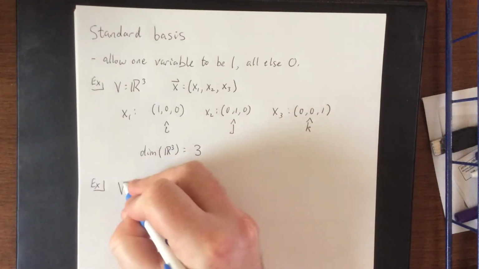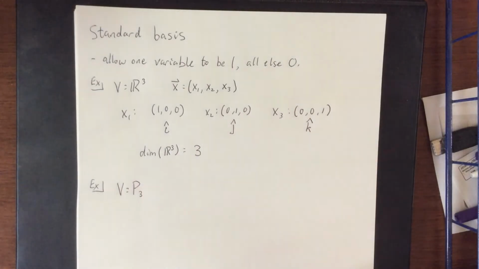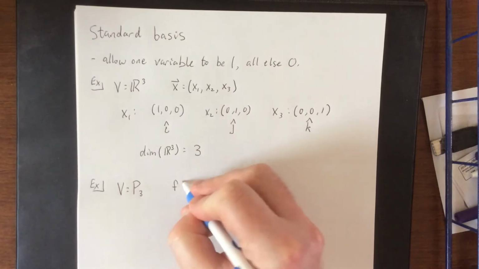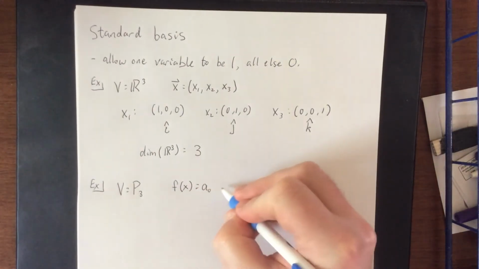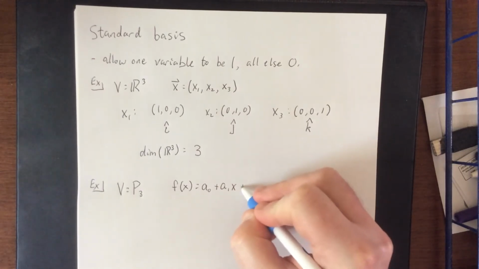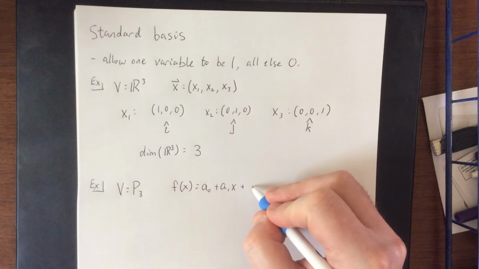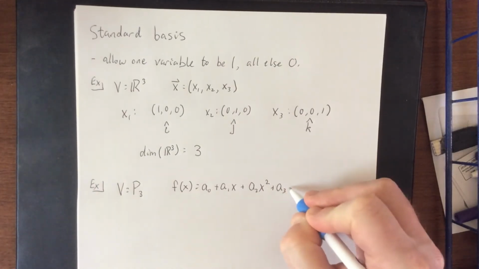For another example, if we wanted to consider the set of all polynomials of degree no more than 3, a generic looking thing in here would be something like a constant term, a linear term, a quadratic term, and a cubic term.